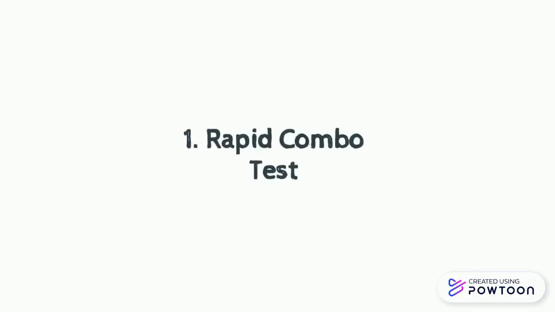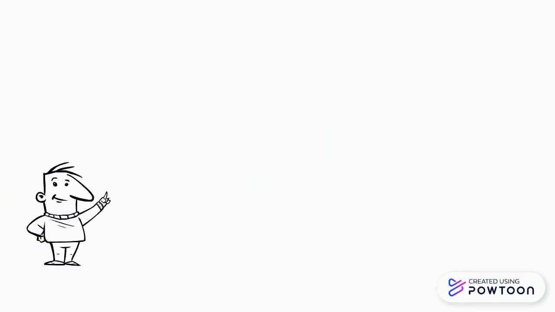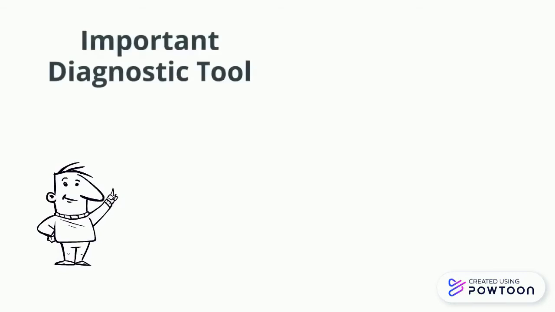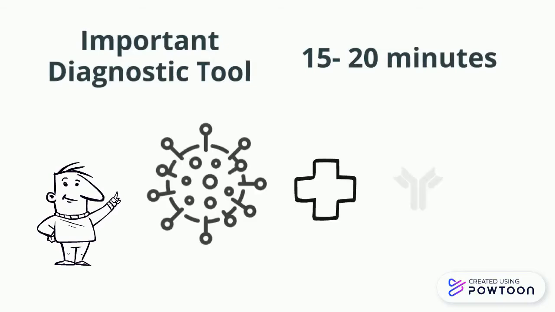The first test is the Rapid Combo Test, RCT. Rapid Combo Test is so important because it can diagnose dengue within 15 to 20 minutes. It is used to detect the virus and the antibody at the same time, which means this is a combination of NS1 plus IgM plus IgG that we are going to mention later on.